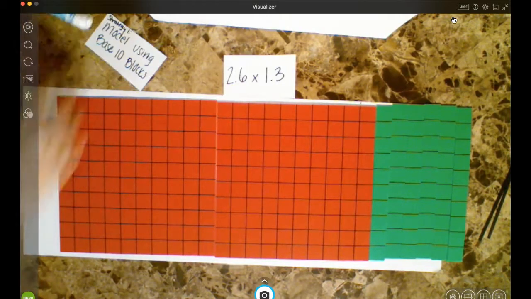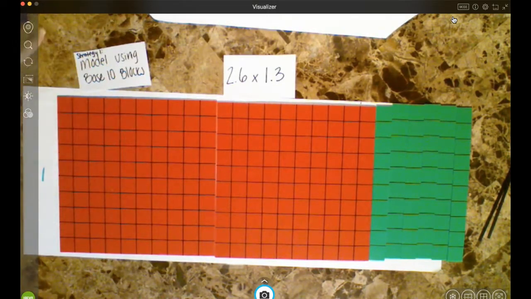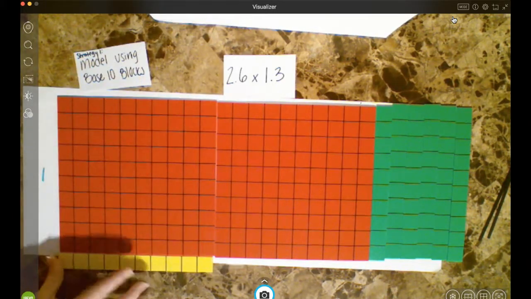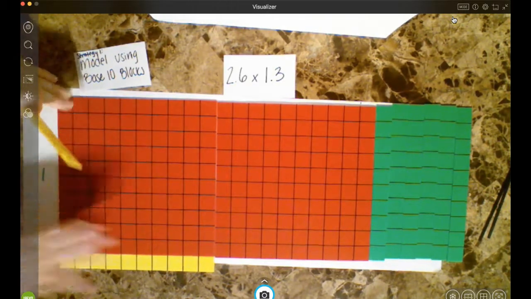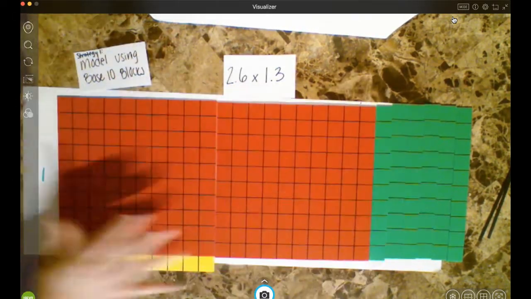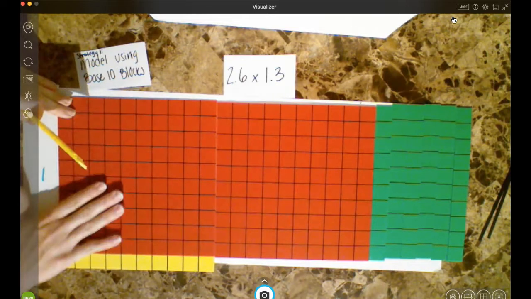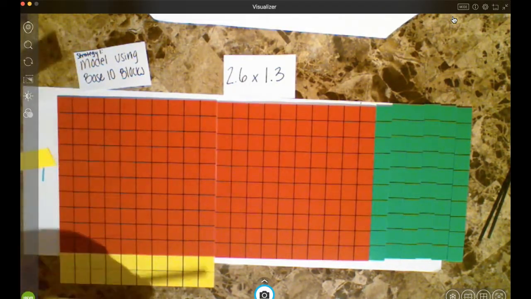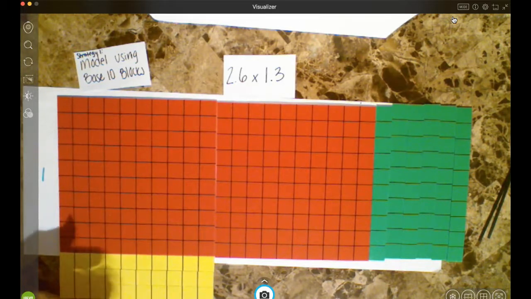And what I'm going to use again is my base 10 strip. So this represents 1/10. And I'm going to put it at the bottom because this represents 1. So let's pretend this isn't here for a minute. We're going to just focus. So this is 1 and 1/10, 1 and 2/10, and 1 and 3/10.